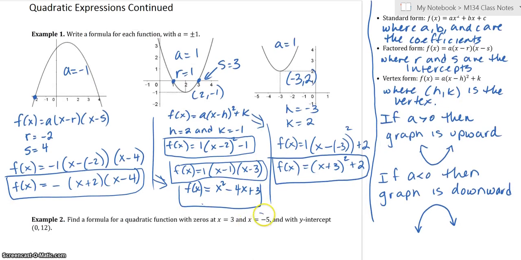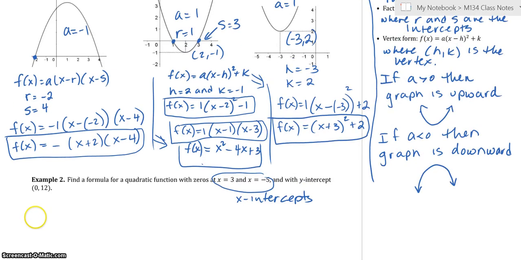So I'm going to choose that middle one there, factored form, which is f of x is equal to a, x minus r, x minus s.